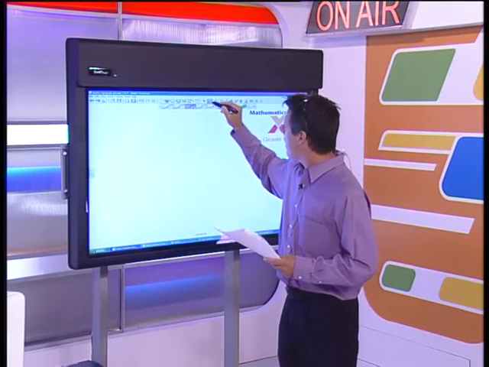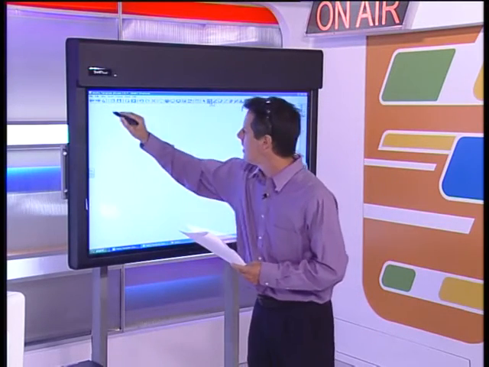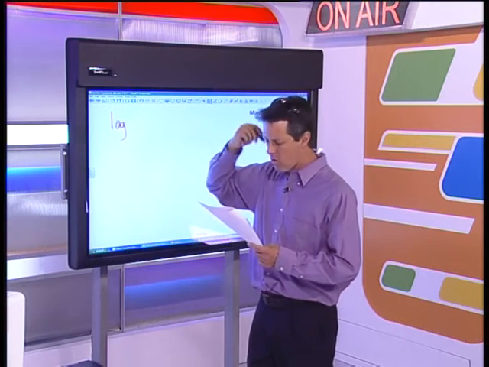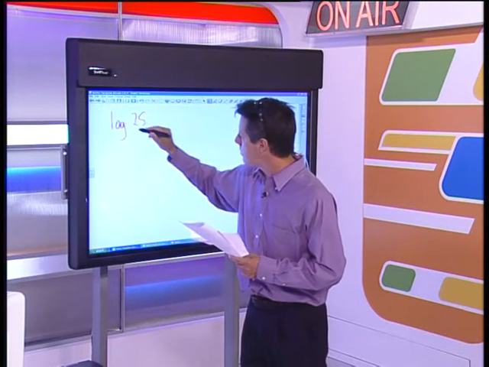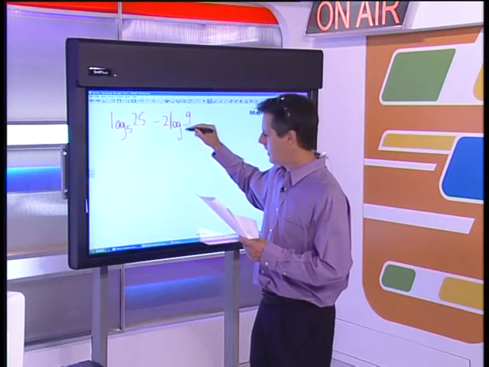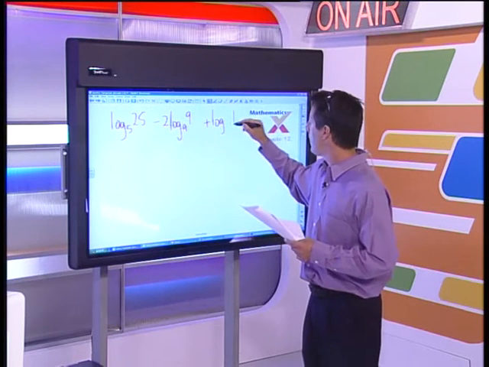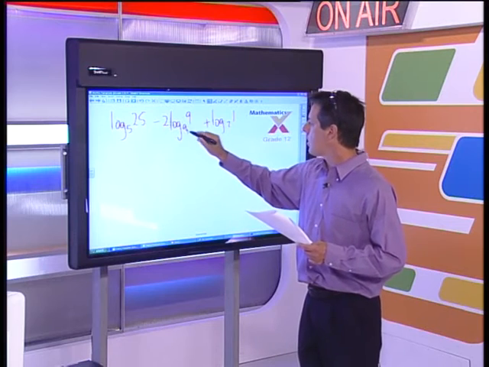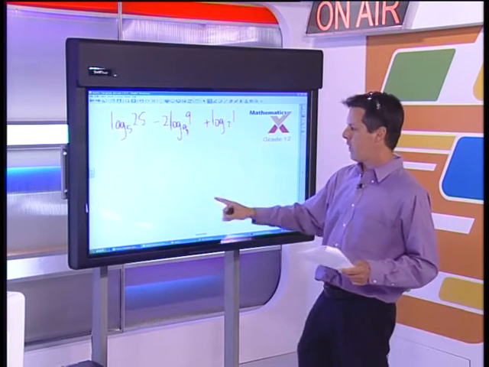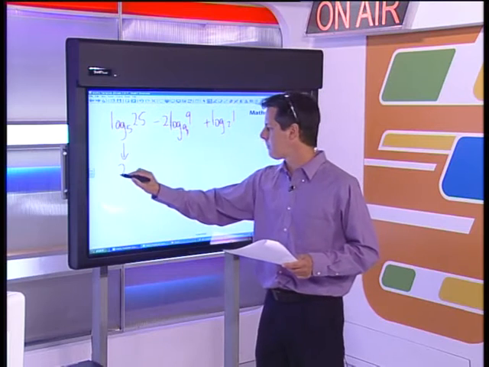Okay. I'm going to go and do an example or two. I've jotted down some examples just to help us understand and concretize those laws. So let's put the same thing over here. Minus 2 log 9 base 9 plus the log of 1 base 2. So I'm going to look at each piece individually. You've just seen that I can write that as 2. That's perfect.